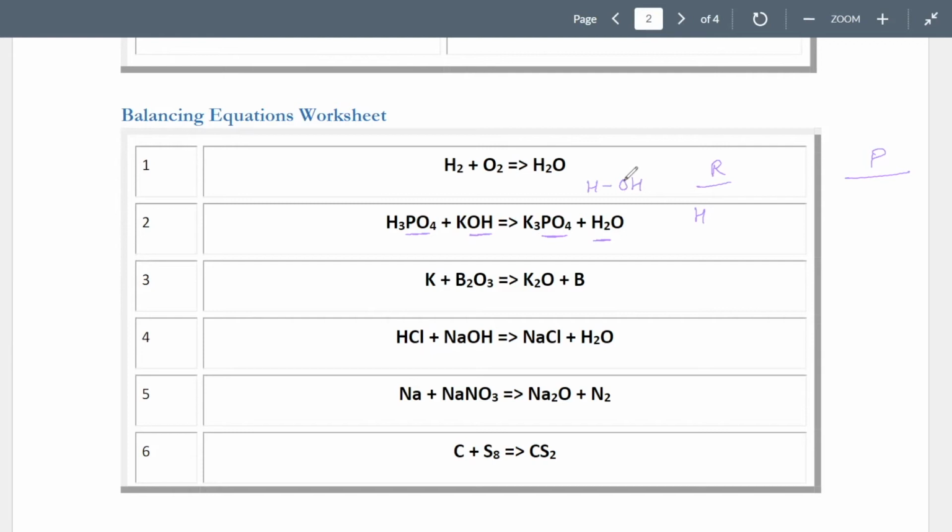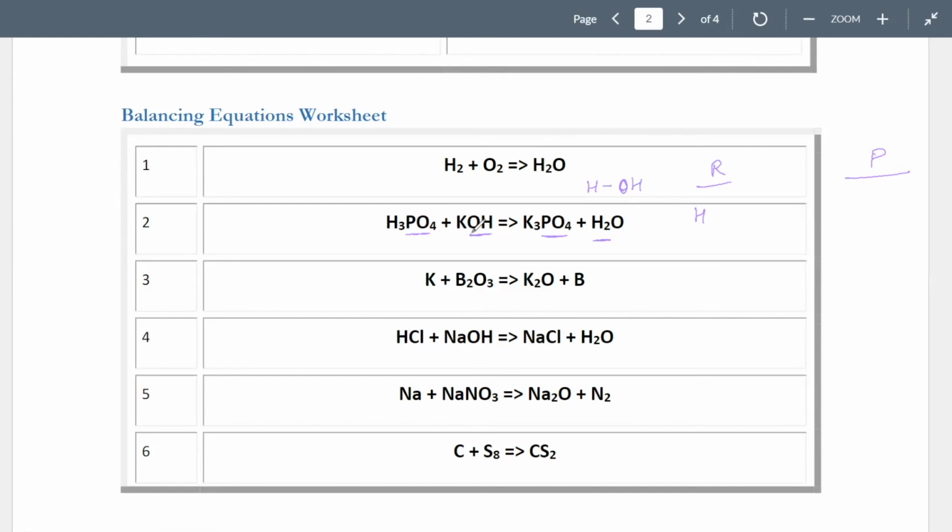I'm going to write it over here, and this will make it easier to balance the reaction. If this OH was not here, then we would not do it this way. But because there is a polyatomic ion here, we change it to hydrogen and hydroxide.